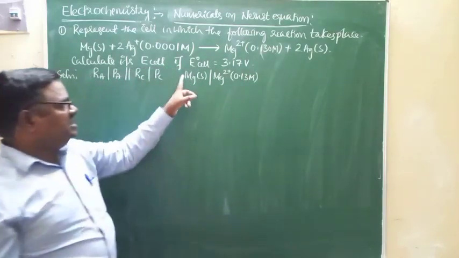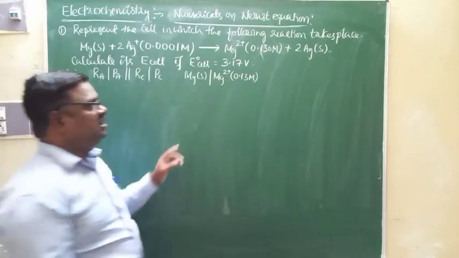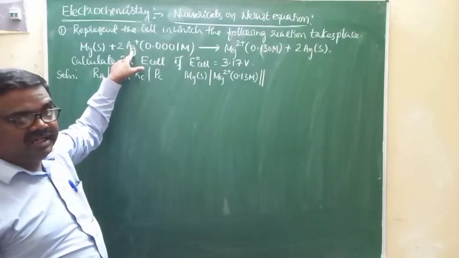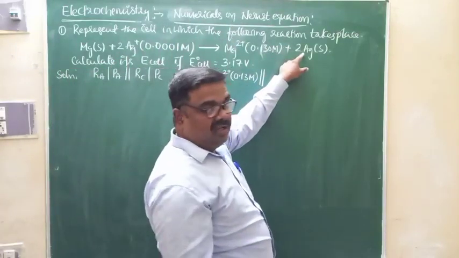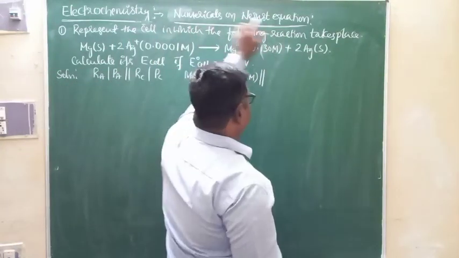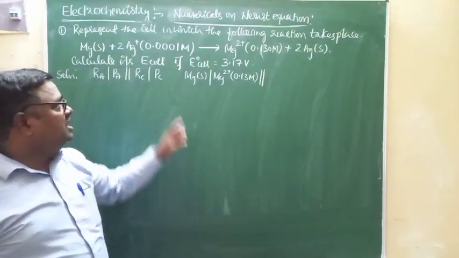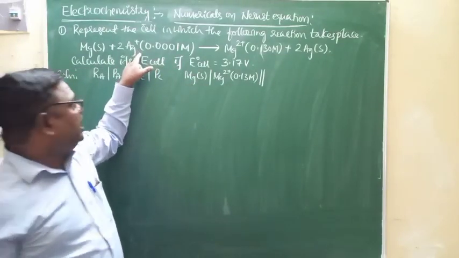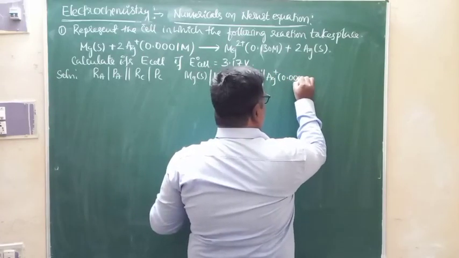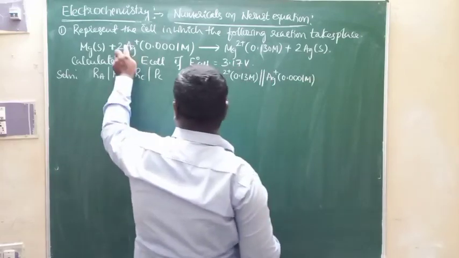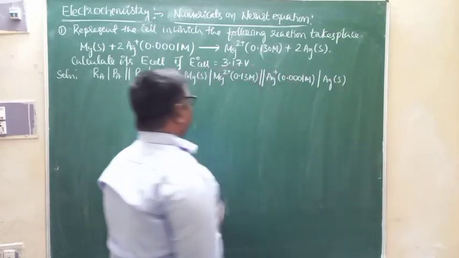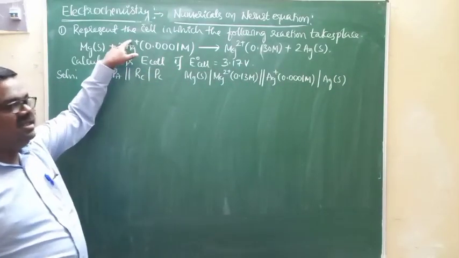Then the double vertical line, and the reactant at cathode is Ag+, because Ag+ is reduced to Ag, plus 1 becomes 0, and reduction takes place at cathode. Its concentration is 0.001 molar, separated by Ag, which is solid. This is the cell representation for this cell reaction.